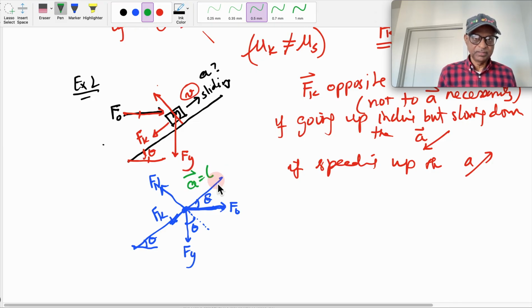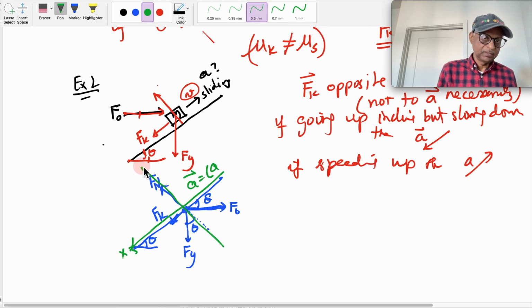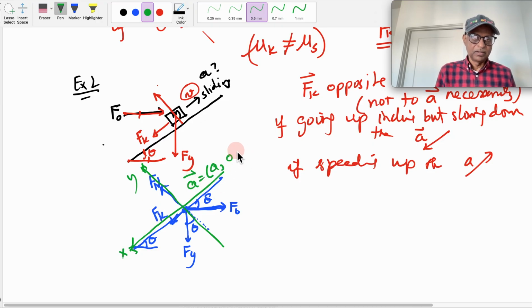Acceleration as a component: if this is the x-axis and this is the y-axis, and that's my direction, acceleration has some value a, and there will be no zero.